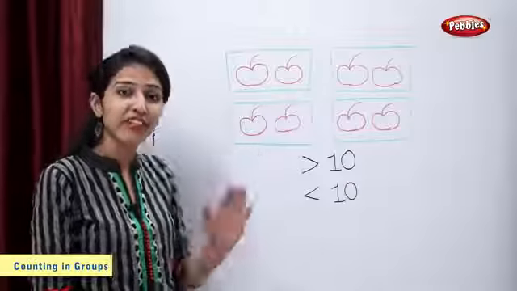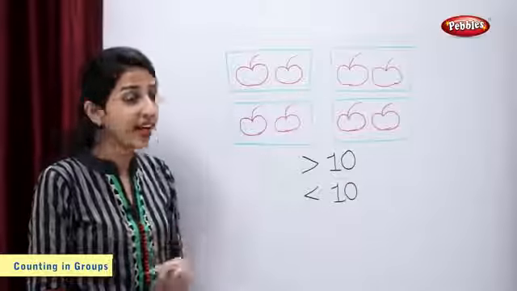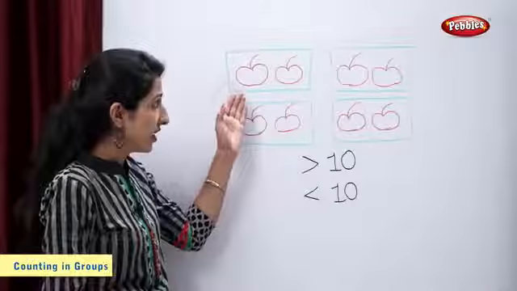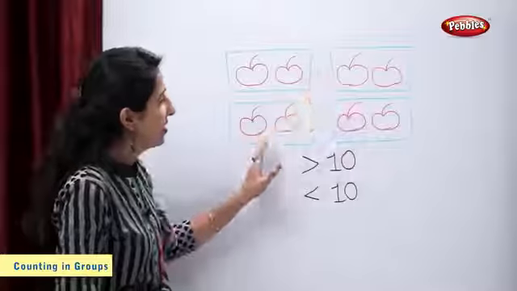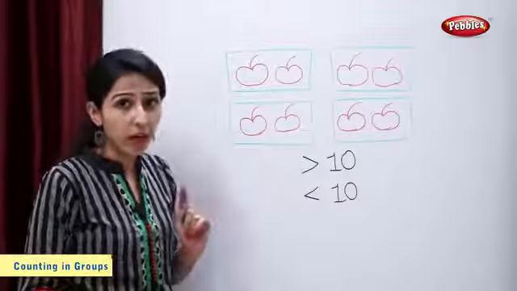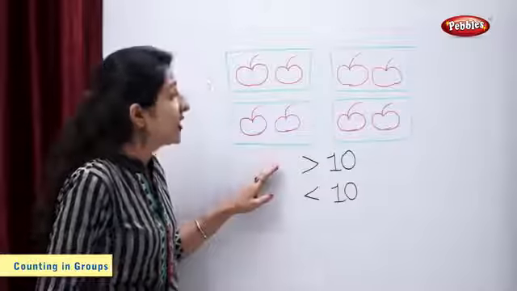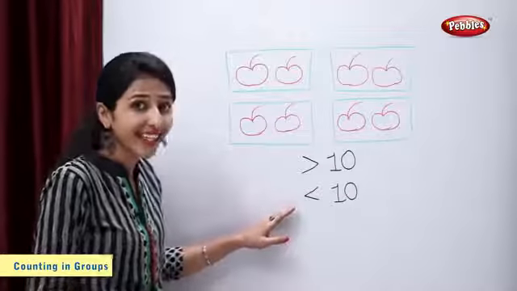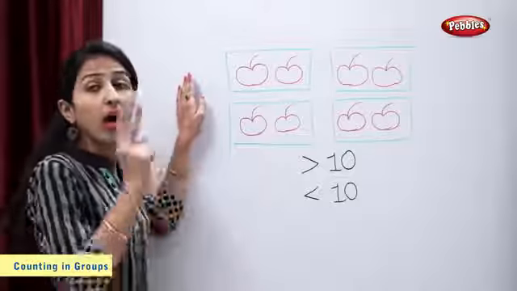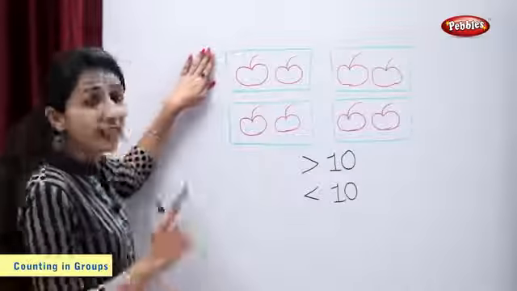Now let us solve this example. There are some apples on the board. These apples are arranged in pairs. Let us find out whether the total number of apples is more than 10 or less than 10. Let's count. There are 2 pairs in the first row.